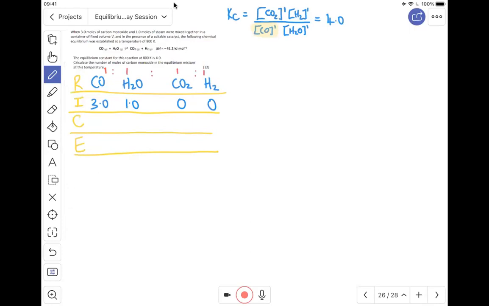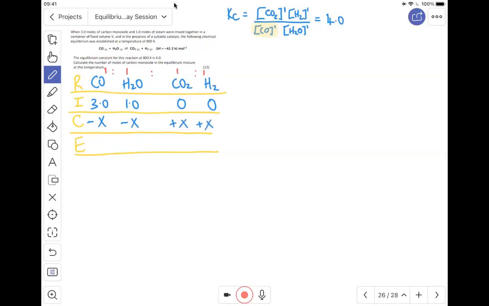When you are undergoing a reaction, your reactants are going to react to produce a product. So the concentration of your reactants will decrease and the concentration of your products will consequently increase. We don't know how much these concentrations decrease by, so we're just going to give them a value, X. Because it's a 1:1:1:1 ratio, all of these would be X.